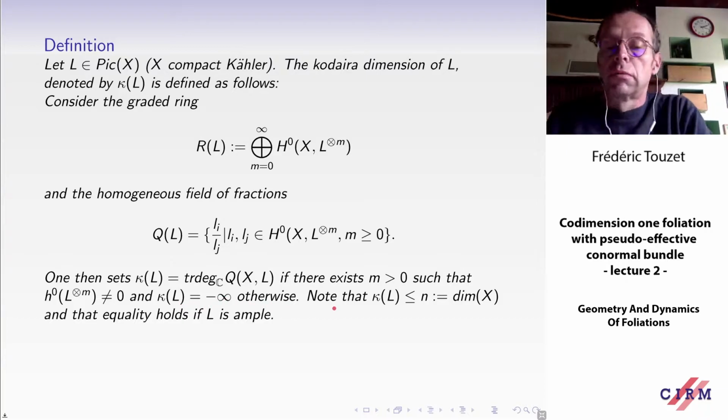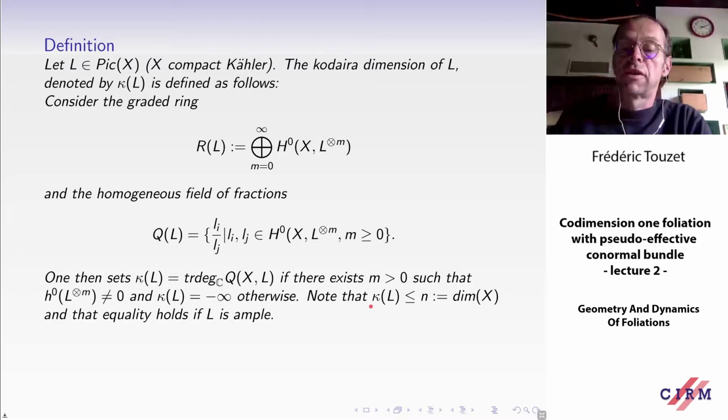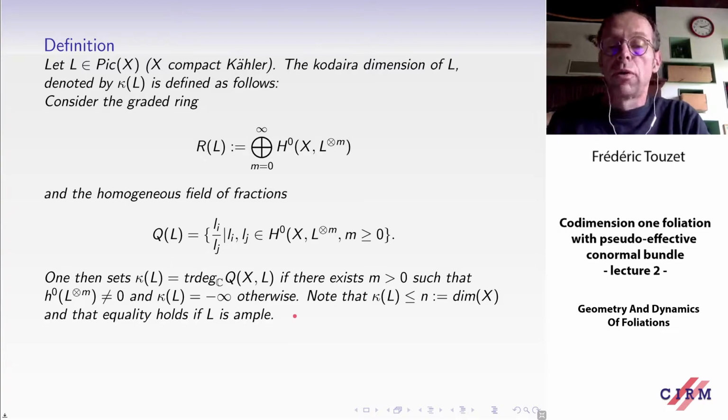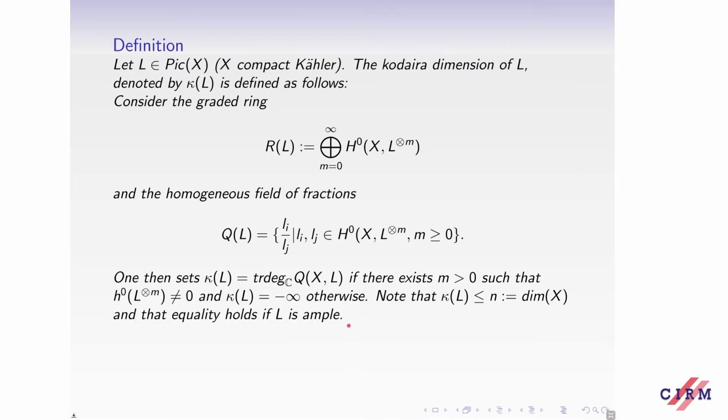So from Siegel's theorem, we can see that the Kodaira dimension of a line bundle is necessarily less or equal to the dimension of the manifold, and of course equality holds if L is ample.